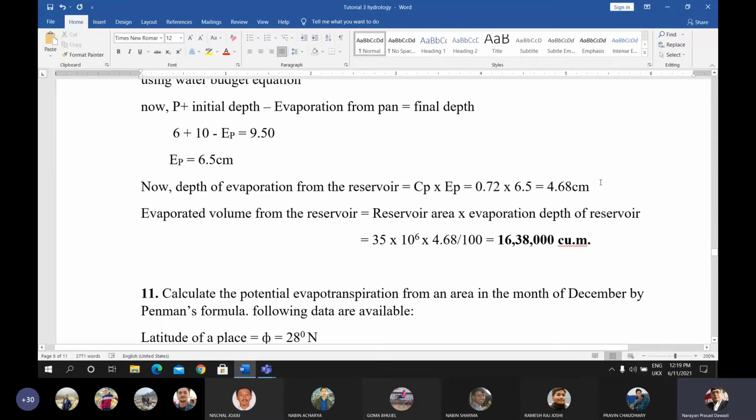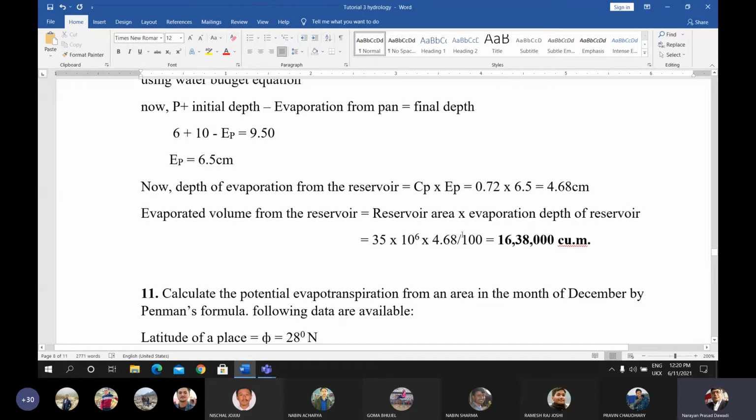Now the evaporated volume from the reservoir, in terms of depth: evaporated water from the reservoir in terms of volume is equal to this depth multiplied by the area of the reservoir. Reservoir area is 35 into 10 to the power 6 meter square, into depth 4.68 centimeter.